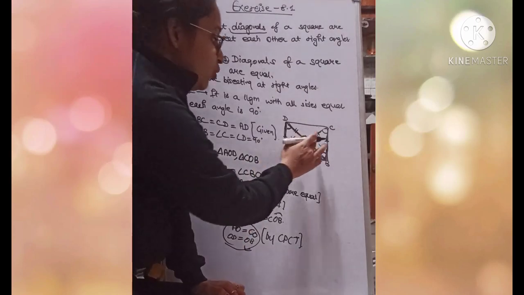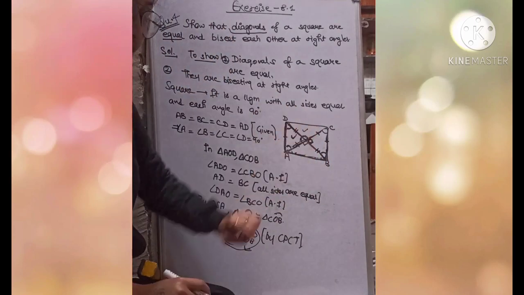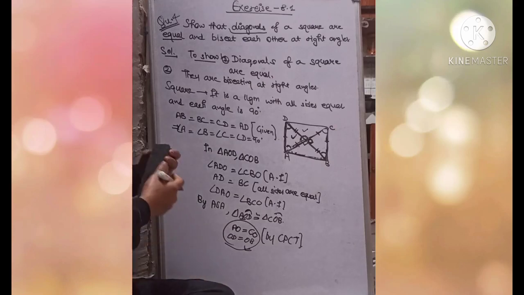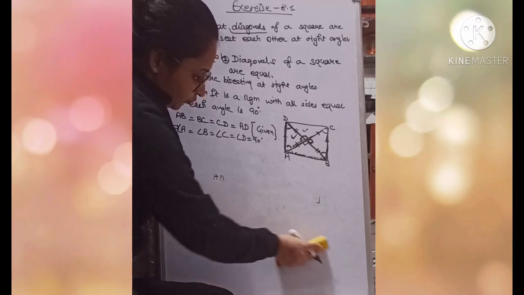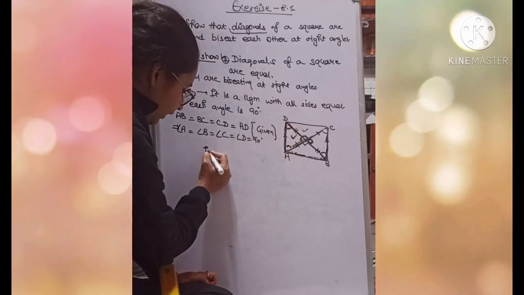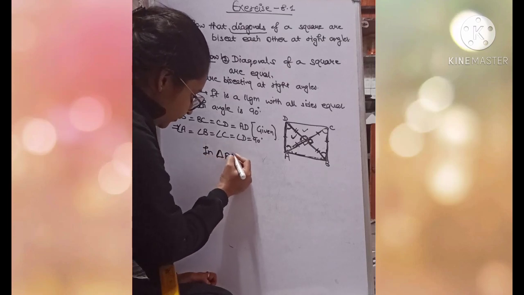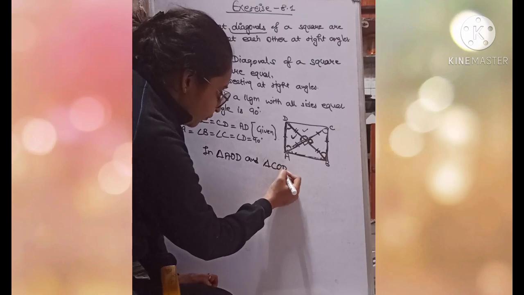Now, first of all, we have to prove that these two angles are equal. It means we have to take these two triangles. And if these two triangles are congruent, it means their corresponding parts will be equal. So, first I am taking triangle AOD, and the second triangle is COD.